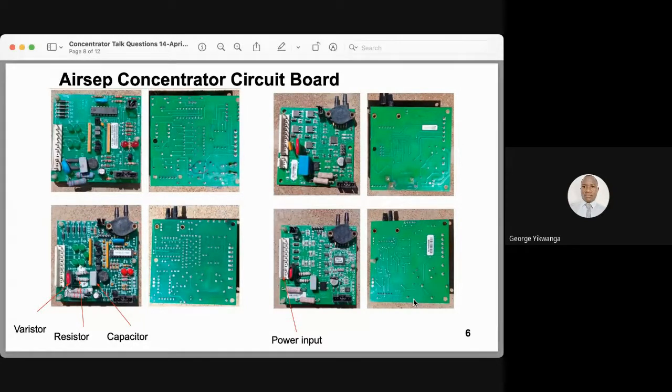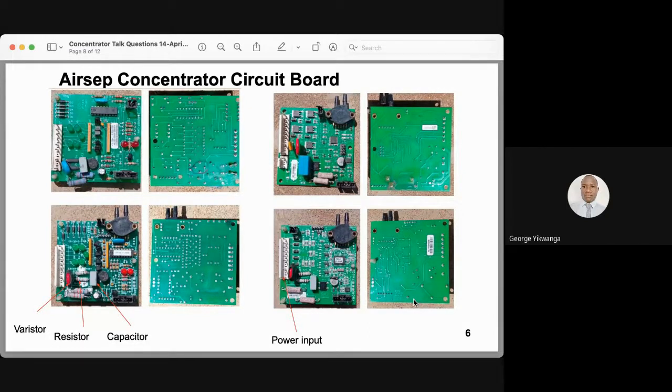The relief valve may not pop just because of the circuit board, but it's one of the reasons you may have the relief valve popping. So that's how you can troubleshoot circuit boards that do not have the LEDs. But for those with LEDs, you need to observe the sequencing of the LEDs.